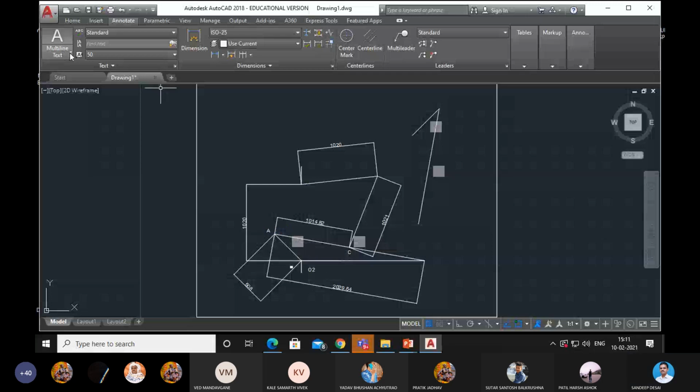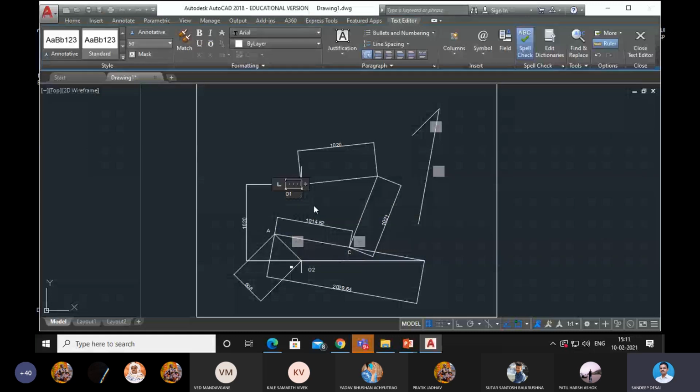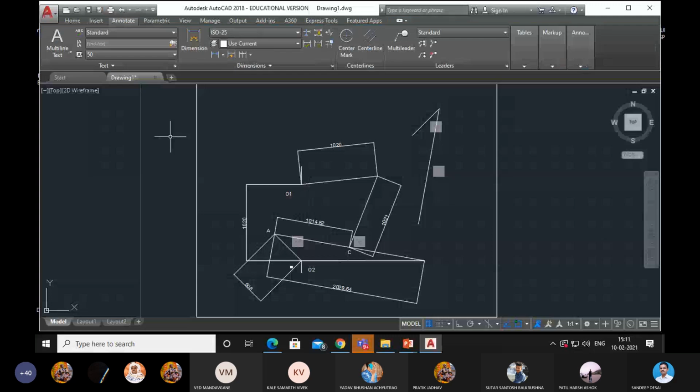O2, then this is O1. नाही, हा C नाही आहे, हा C आहे.